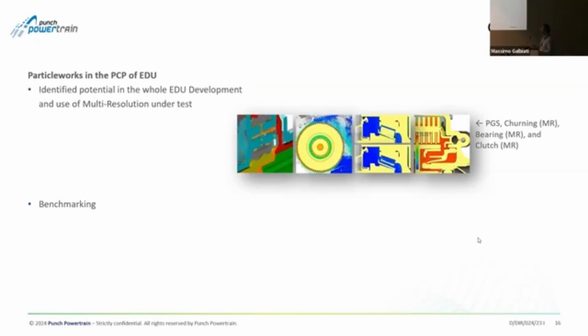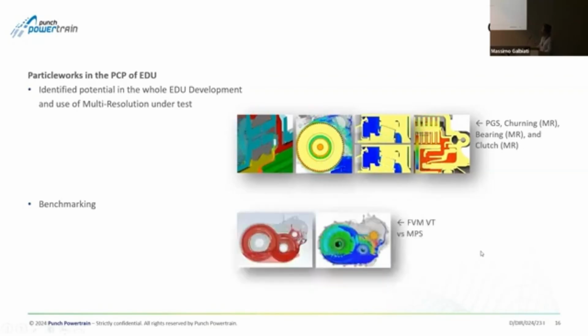For churning losses, here with multi-resolution, testing multi-resolution for the bearings, for the clutch, and some benchmarkings. I think the time is running out, and I wish I could explain this, but I think the image says a lot. There was a solution that one very well-known company approached us with for electrical drive unit development, and in the end it was as cumbersome as the normal software.